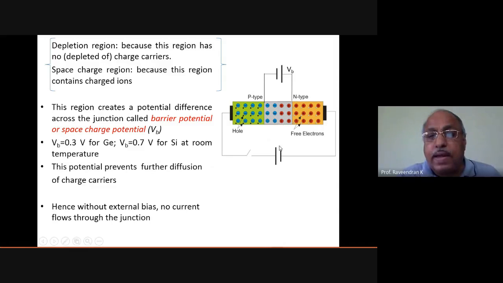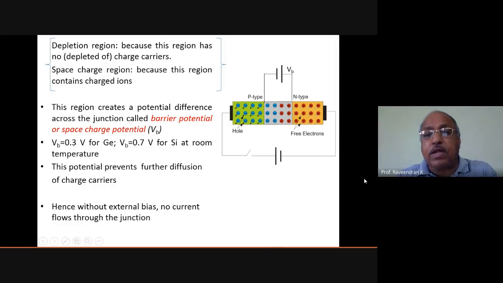So if you apply the positive polarity point of the external source of EMF to the P type side and the negative polarity point to the N type lead of the PN junction diode, then what happens? The positive polarity point is connected to the P side and the negative polarity point of the source of EMF is connected to the N type lead of the PN junction. Then what happens?